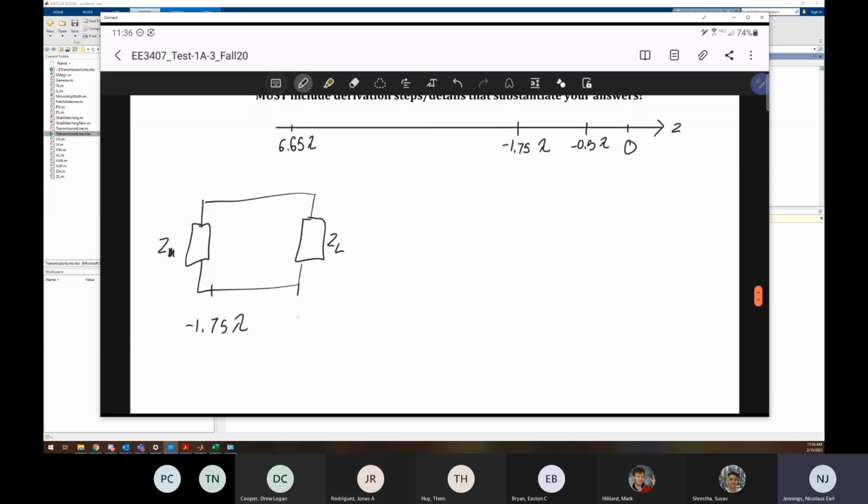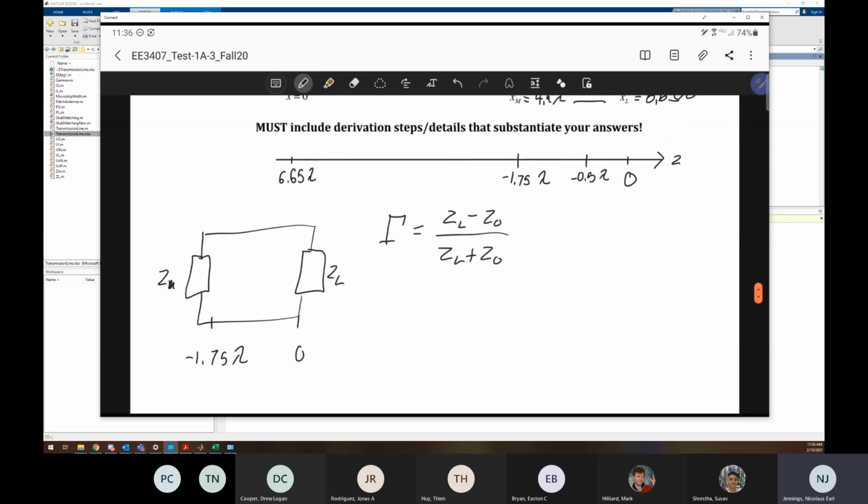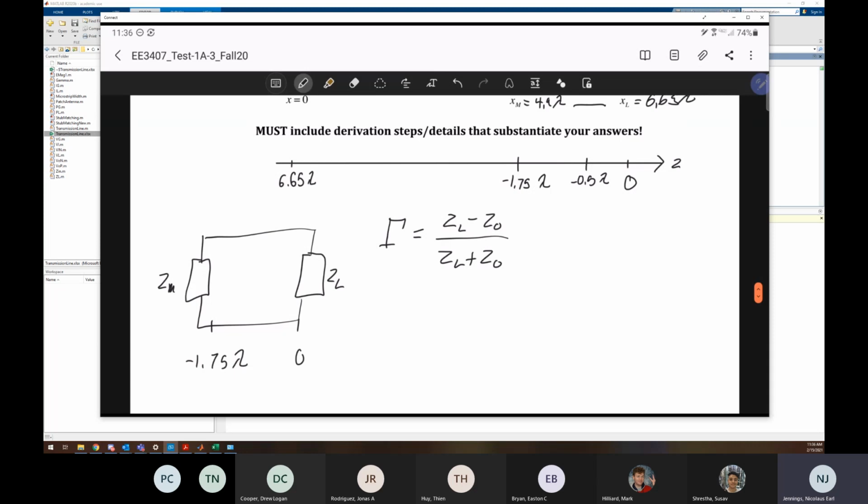And then 0. Okay, we'll solve for gamma by finding ZL minus Z naught over ZL plus Z naught. We discussed that in the last problem, correct? You guys are familiar with this equation. Does anyone want to solve this value for us real quickly, using the given load and given Z naught? Yes, one moment.